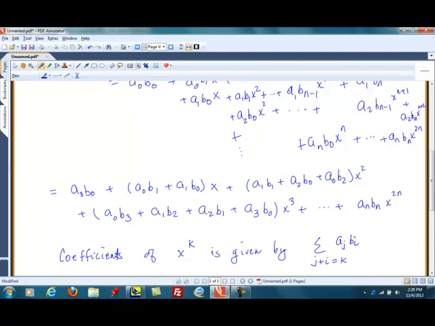That's the coefficient of the x to the k term. Does that make sense? You notice that the book just kind of said it. That's where that's coming from.